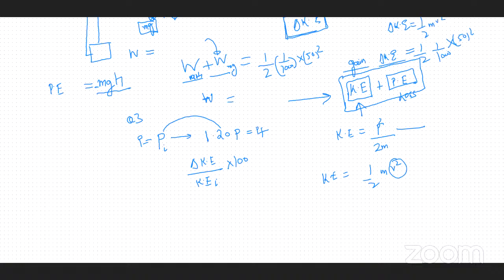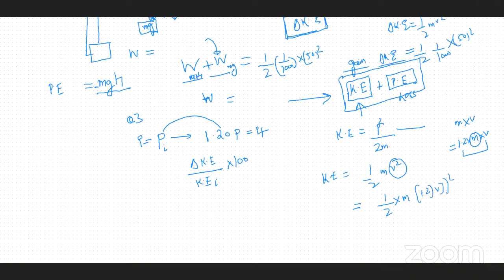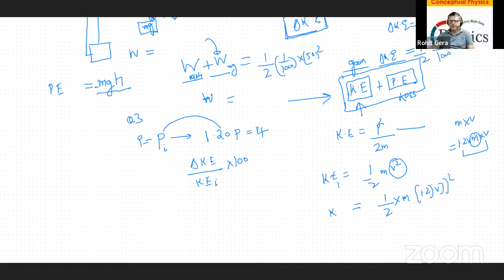Momentum is mass into velocity. The new is 1.2 into m into v. Mass toh badla nahi, toh this is 1.2 into v. So half into m, toh ye 1.2 times ho gaya ab naya. So how much this becomes?